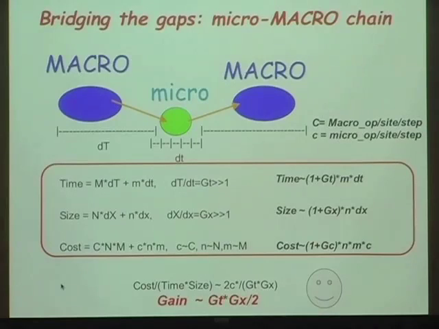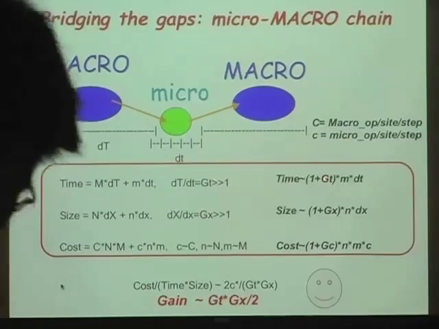So that means that in principle, what I gain by replacing the multiscale chain with the full microscopic solution, can you read that? It's a little bit too high up. But basically, I suppose that GT and GX are much bigger than 1, so I'm running a system which is GT times longer and GX times larger.